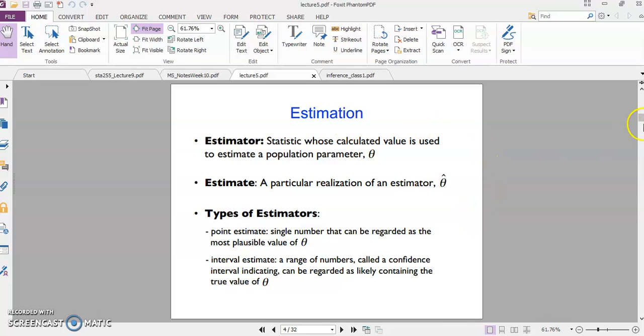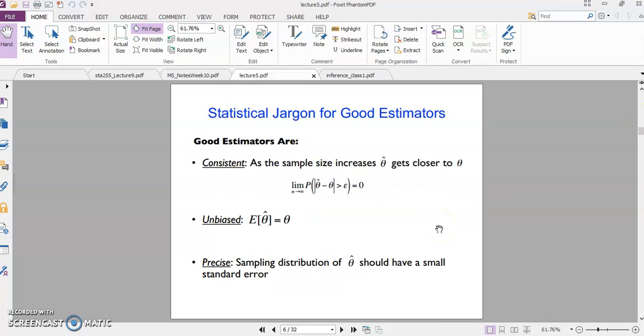When you find the difference between that theta hat and the population parameter theta, the absolute difference will be equivalent to 0 when n tends to infinity. So theta hat getting closer to theta means theta hat and theta are one and the same when n increases, when n tends to infinity, when n becomes large.